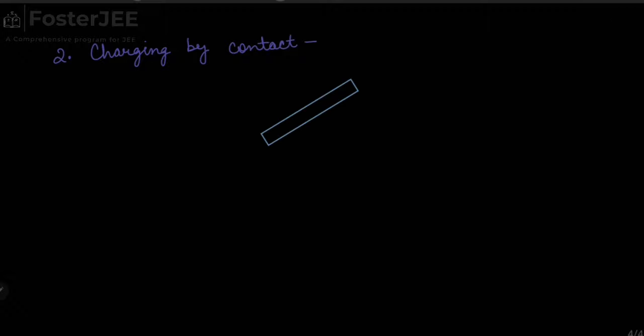Charging by contact. In this method, initially, suppose this is a glass rod, or else suppose it to be an ebonite rod. Since glass rod has positive charge, for understanding purpose, we took it as ebonite rod.